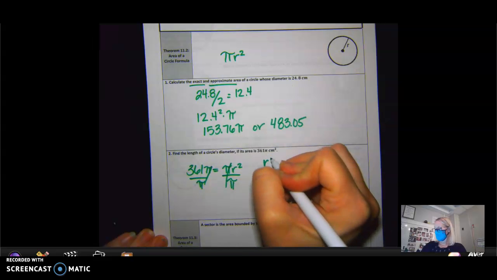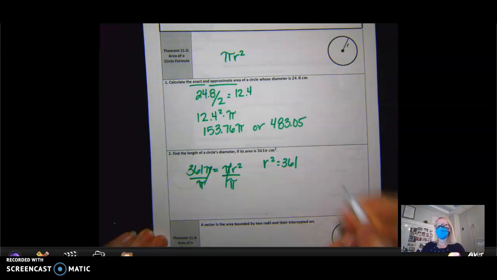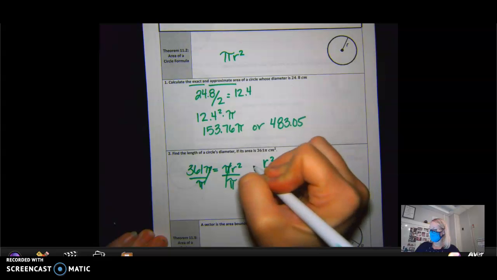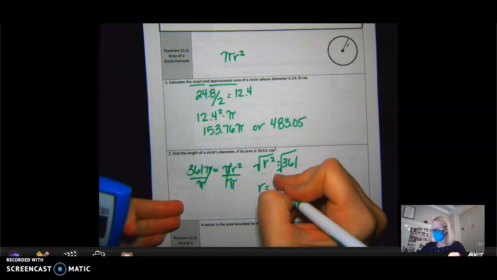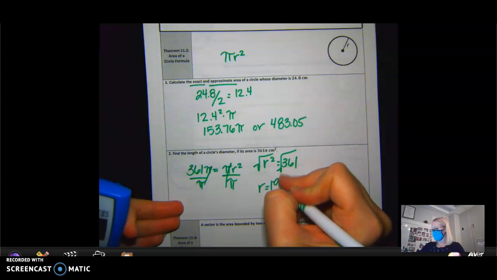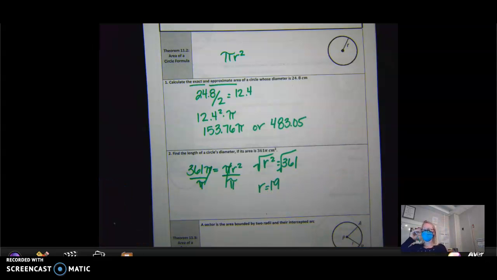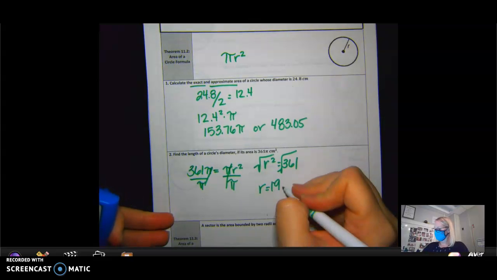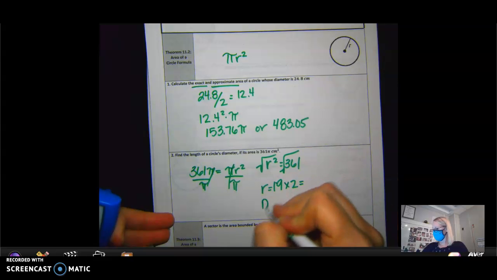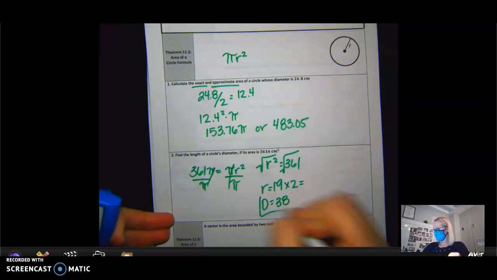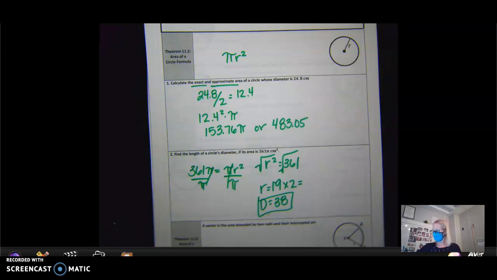So now I get r squared equals 361. So then to get r squared down to just r, I would square root that. And what do you get for r? 19 is correct. Do they want radius? Nope, they want diameter. So what do I do to my radius? So what's 19 times 2? There you go. Good job.